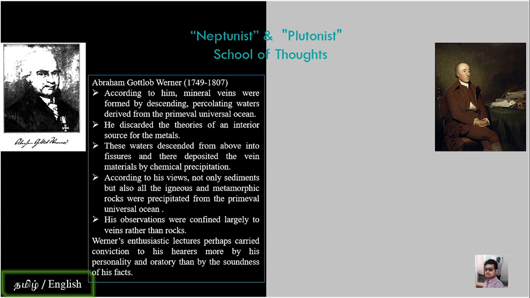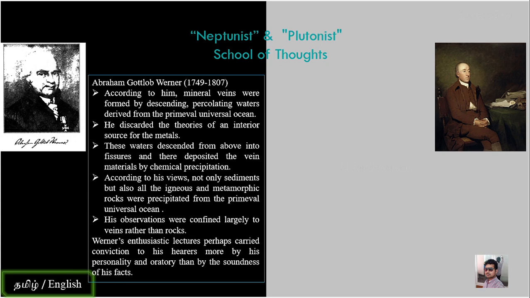So this is the concept proposed by Werner, where he discarded the theory of an interior source of the metals. He did not accept that the metals were formed from an interior source, and this water descending from above into the fissure deposited the vein material by chemical precipitation.